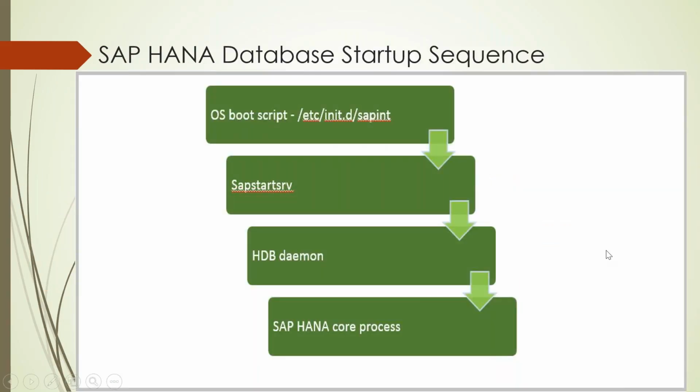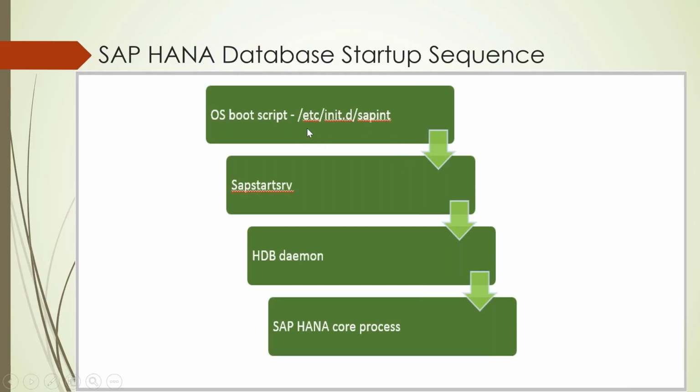If you look at the startup sequence, when we install any SAP application, whether it is SAP ECC, any ABAP or Java system, or the SAP HANA database, then during the installation the sapinit script is created.